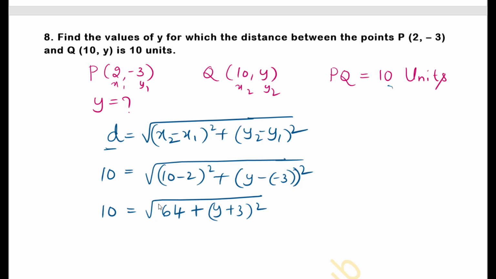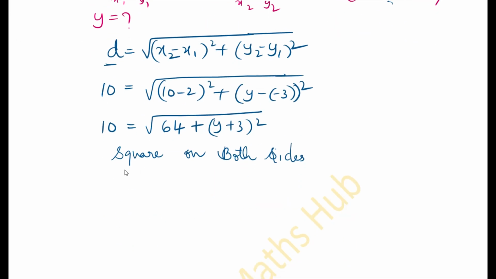Now square on both sides to remove the square root. Squaring on both the sides, what do we get? 10 square equals square root of 64 plus y plus 3 whole square, and whole square. Square and square root will cancel.